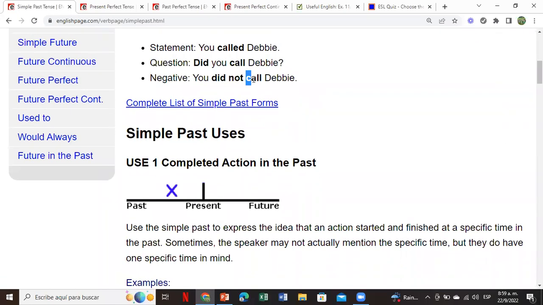And look at the verb. Observe the base verb. It is always the same. It always stays in the base verb. We don't need to add an extra ed. We don't need to add an s because we have the auxiliary in negative. So, any questions? 5, 4, 3, 2, and 1.